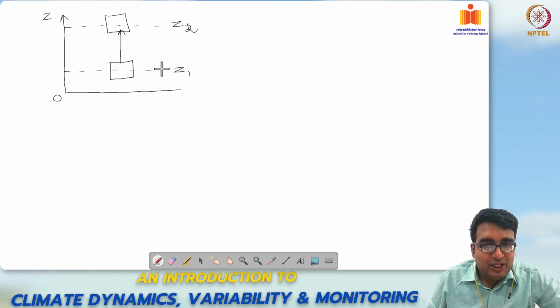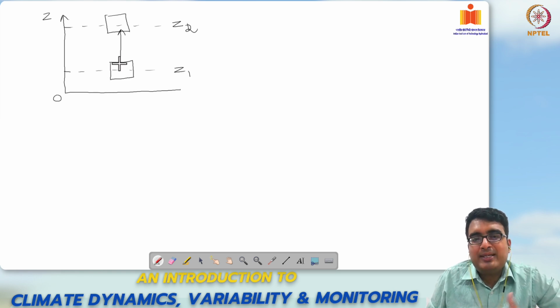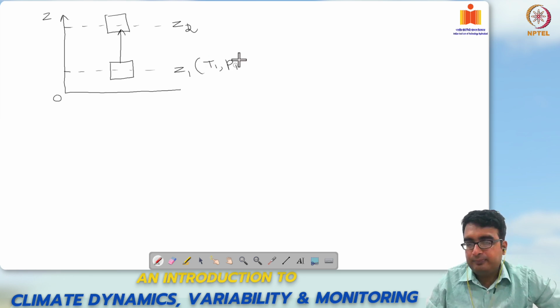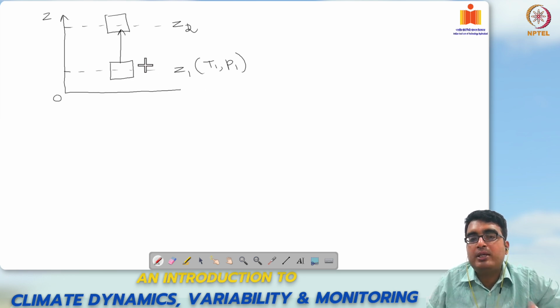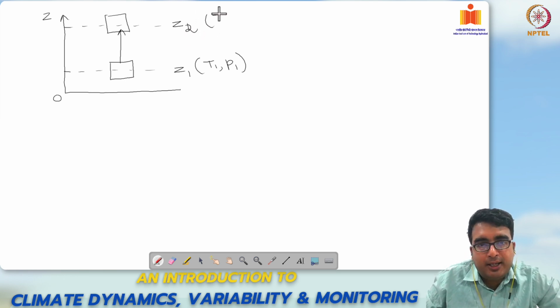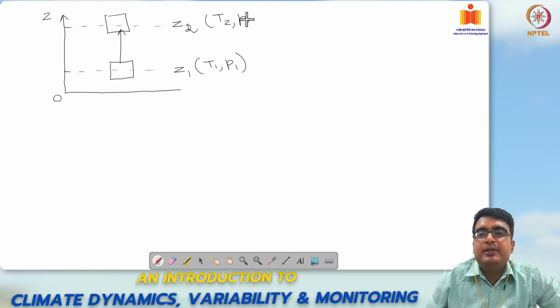Now initially at altitude Z1, this parcel of air was at equilibrium with its surroundings. So at this altitude Z1, the corresponding temperature and pressure were T1 and P1. At altitude Z2, the corresponding temperature and pressure of the surroundings are T2 and P2.